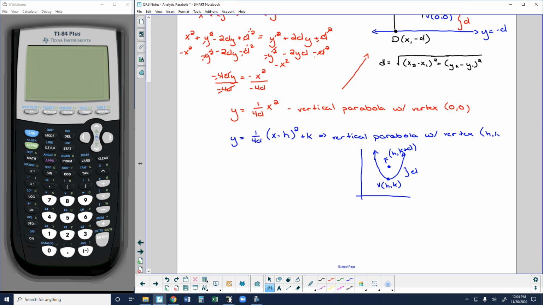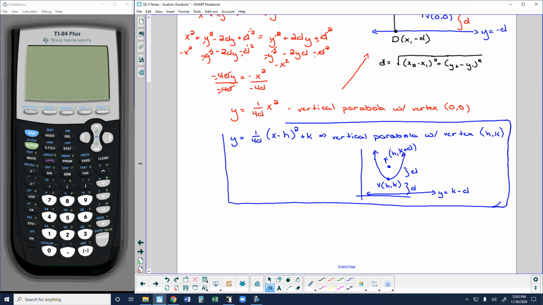Also the distance from the vertex to the directrix. So let's say the directrix is here at y equals k minus d. And some of that will probably make a little bit more sense when we start throwing in some numbers with this. But this is a form of the parabola that we're going to want to remember. It's going to give us some shortcuts later on.